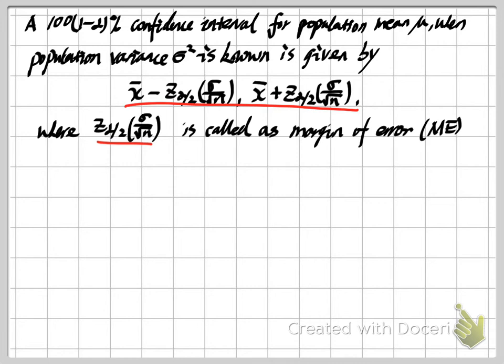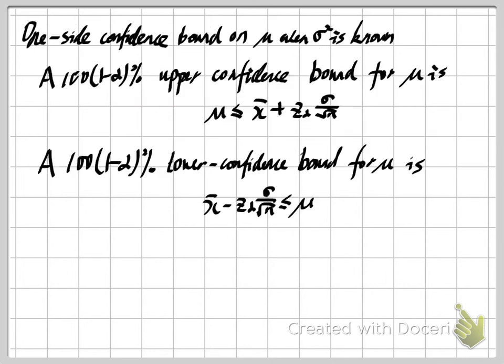However, this is a symmetric interval with respect to our x bar. If you want a one-sided confidence interval, this is about the one-sided confidence bounds for our population mean.